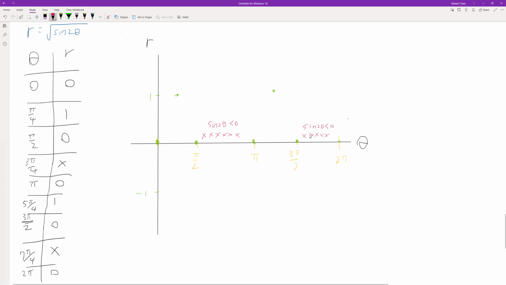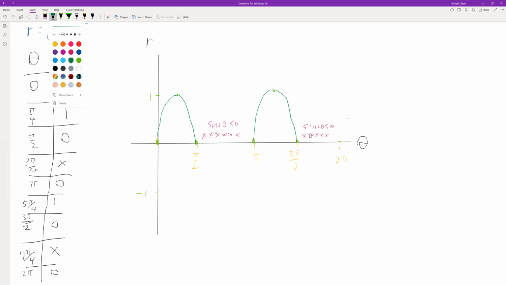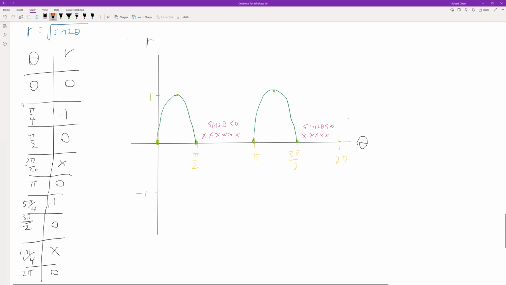Right? All right. So for what we have, 0 to 2 pi, we'll have a graph like this, kind of like the sine graph, except no negative parts. All right. So that's a positive one. And to graph the negative one, all we need to do is just add a negative sign to all the values that we have in the table, right?